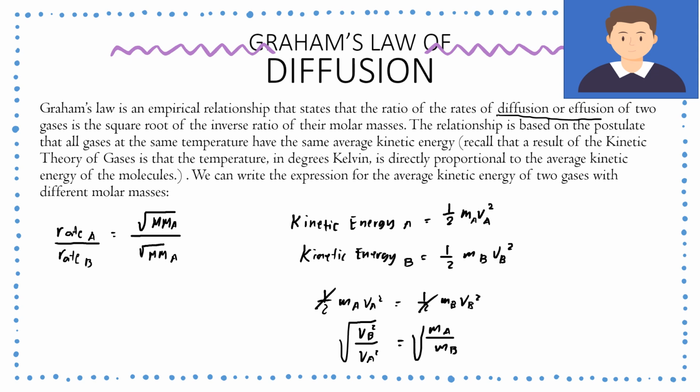Taking the square root of both sides, we have vb over va is equal to the square root of mass A over mass B. So the ratio of the velocities of gases A and B is the same as the formula for the rate of diffusion or effusion here.